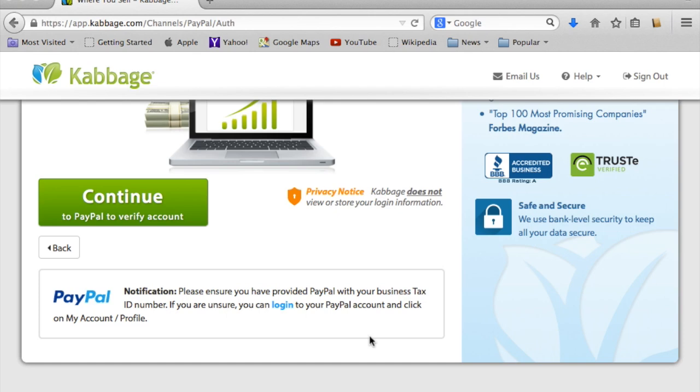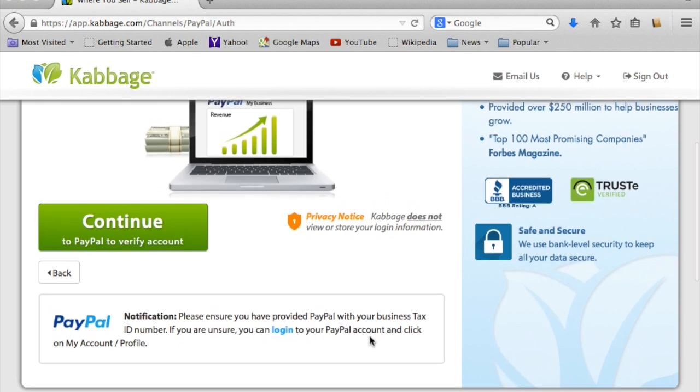You will then decide how much of that amount you would like to access. And once you make that decision, so let's say you qualify for $20,000, you might decide that you only want to access $10,000. So once you make that decision, Kabbage will deposit that money directly into your PayPal account or your business checking account, and you're ready to go.